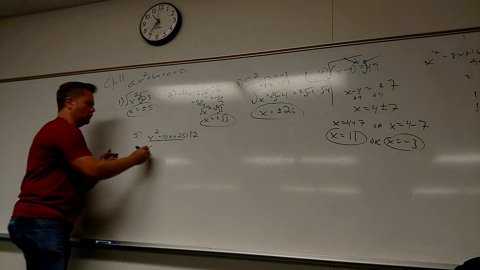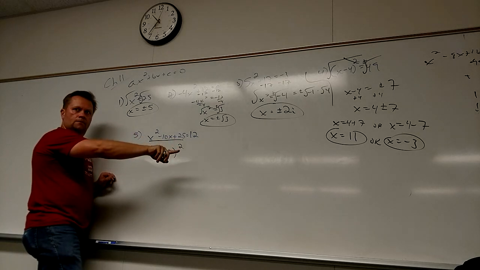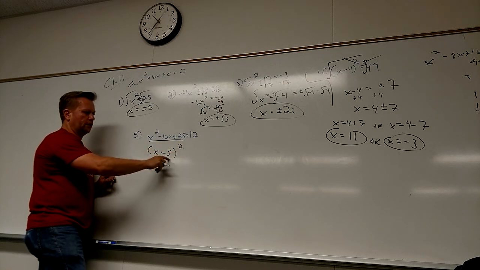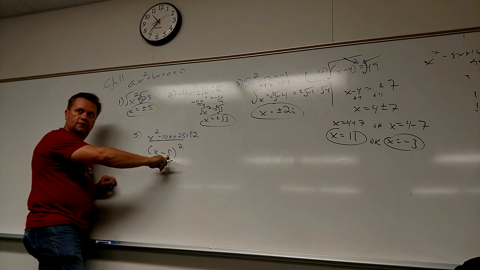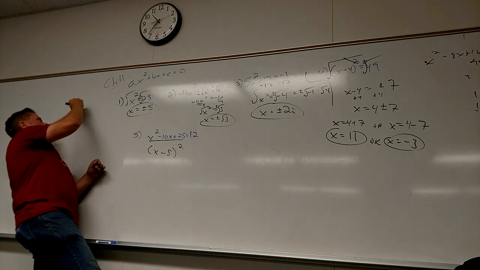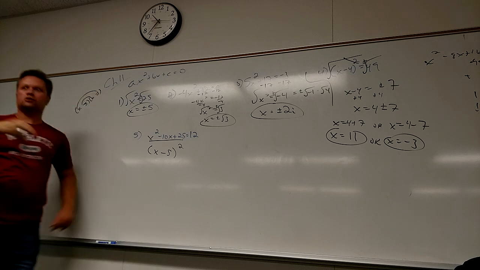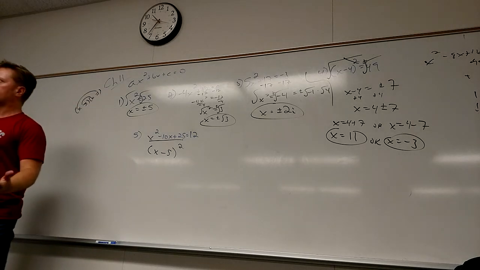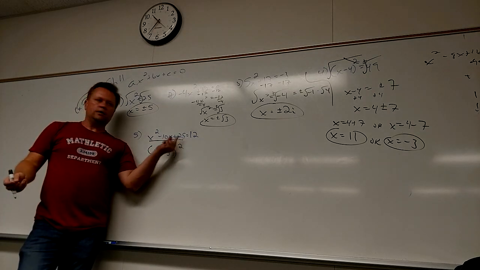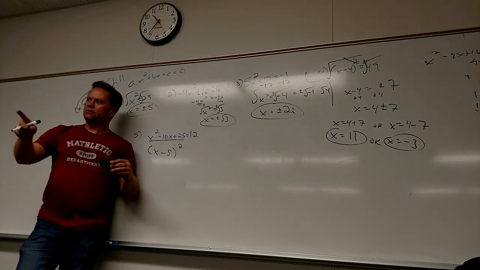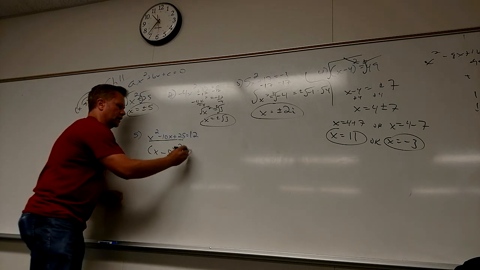Because if it was going to be x minus 5 squared, that makes 25, and the middle term had better be negative 10, double this. If I FOIL out x minus 5 squared, don't I get negative 5x, another negative 5x, negative 10x? So if the last term is a number squared, and the middle term is that number doubled, I can do this. And why is this so nice?